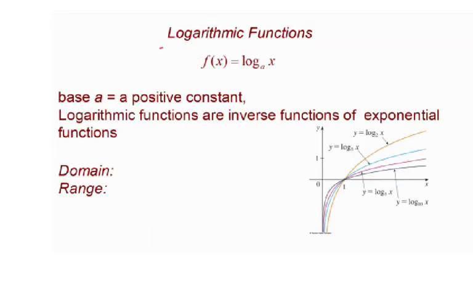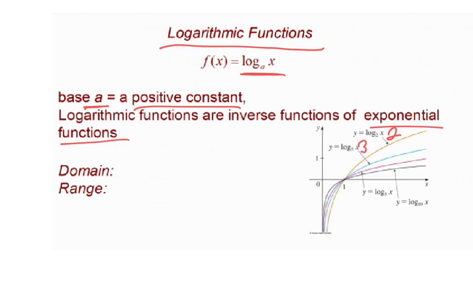The next family of functions was the logarithmic function, and this is right here, where base a is a positive constant, and logarithmic functions are the inverses of exponentials. So logarithms and exponentials are inverses of each other. And as you can see, looking at the graph over here on the right, are the different bases. So the yellow one's a base 2, the blue one is a base 3, sorry.